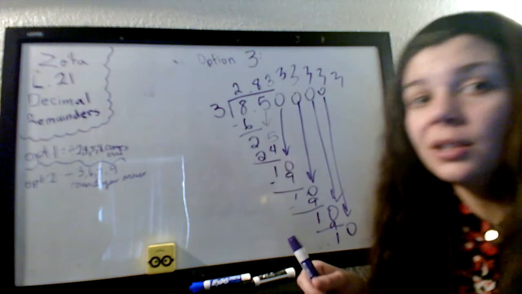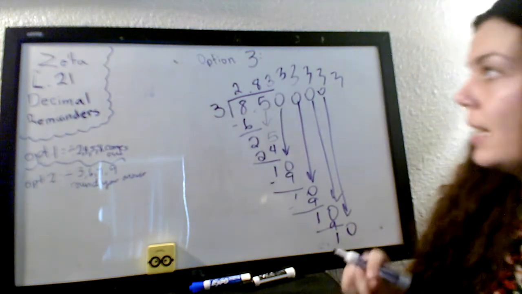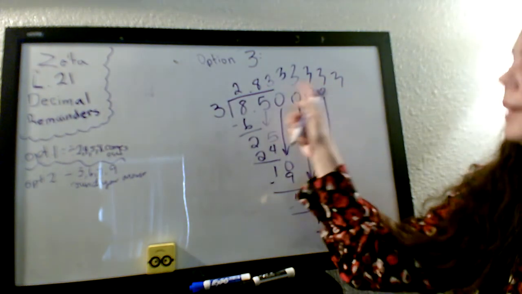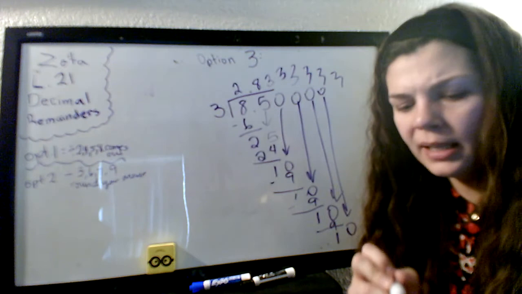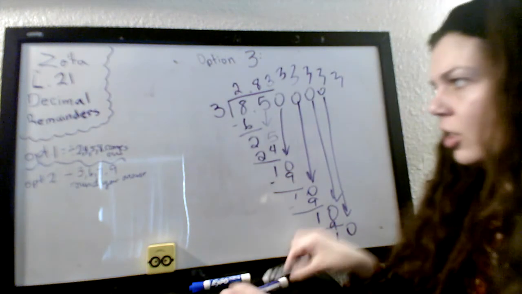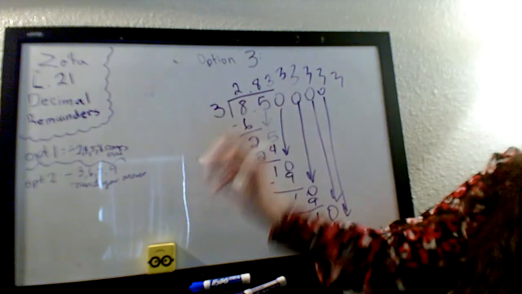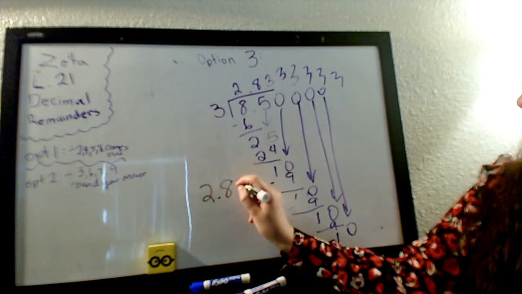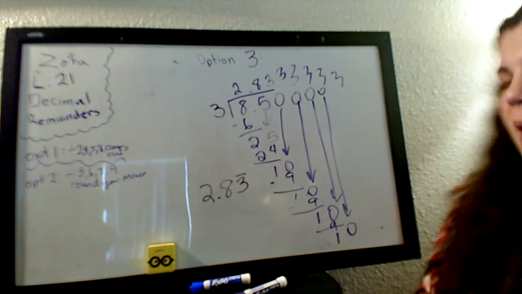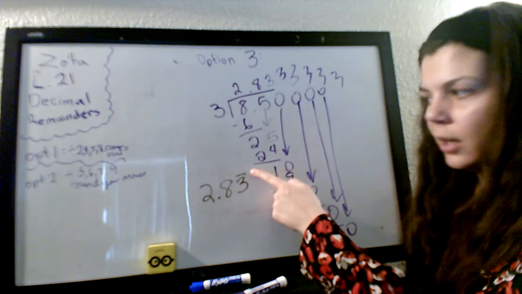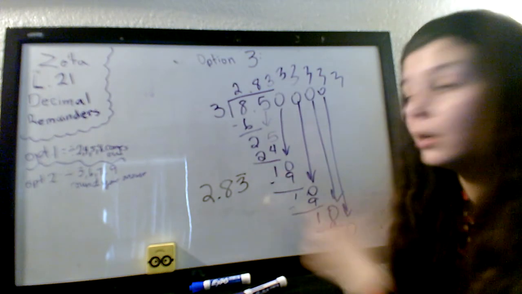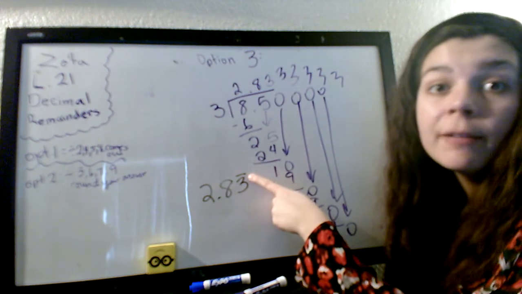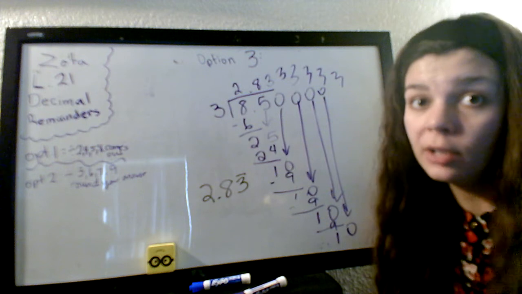So what did they tell me to do? They told me if I have a number with all these repeating numbers that are never going to change, your answer will just be like this. 2.83 repeating. This little line on top tells me this number is going to repeat forever and it's not going to change.